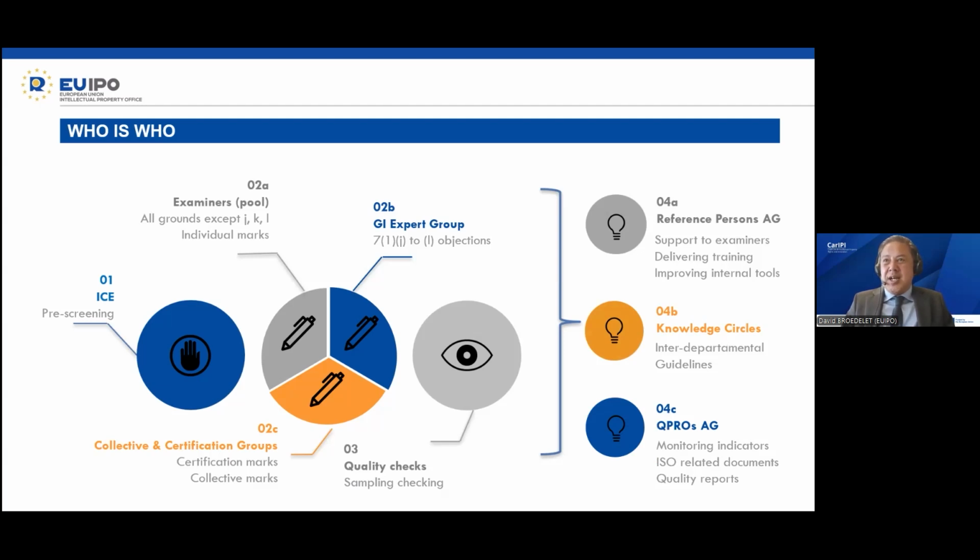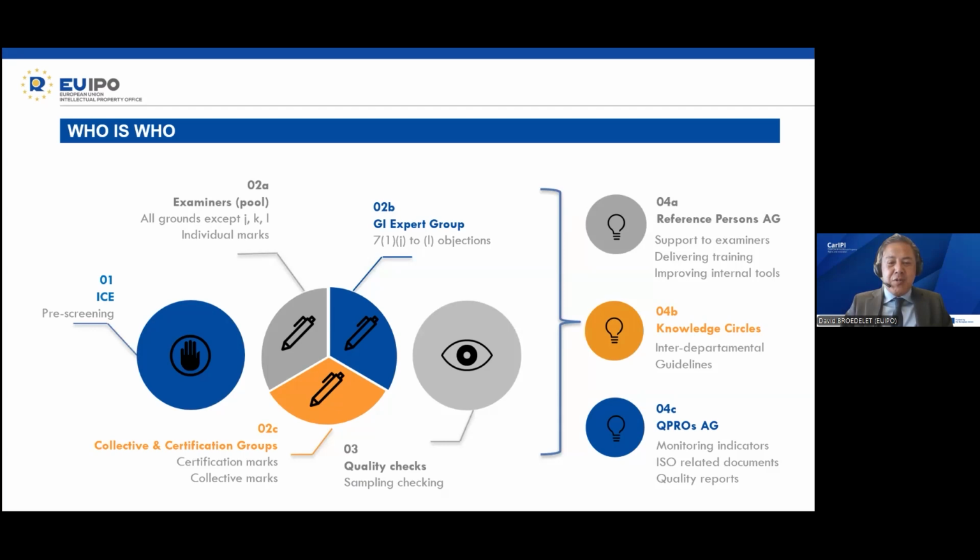And also we have colleagues from our business support department. Together, they are joined in a so-called knowledge circle. In that circle, they exchange ideas and thoughts, and then, if necessary, they change practice.